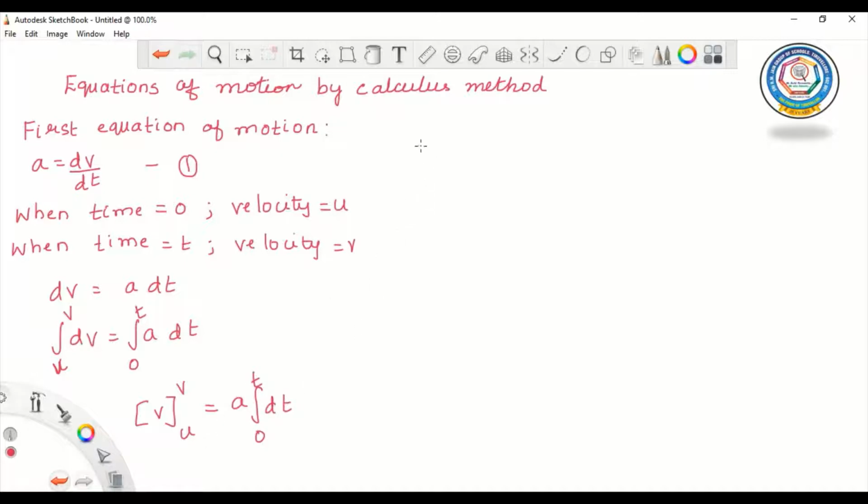So what will you get when you integrate this? You will get v between u and v is equal to a. When you integrate this dt, you will get t between the limits 0 and t. So now we are going to substitute the limits value here, upper limit minus lower limit.